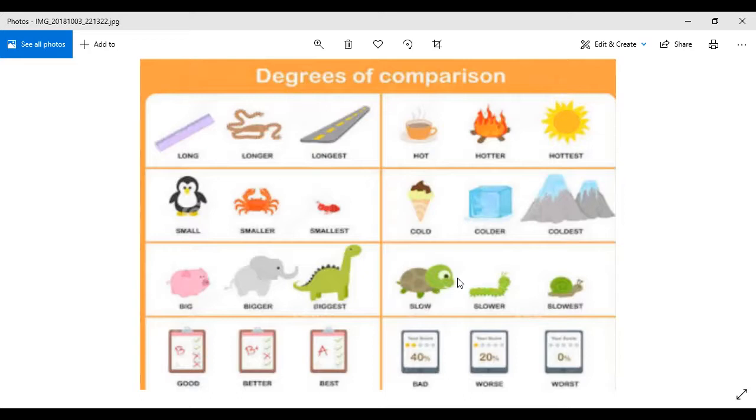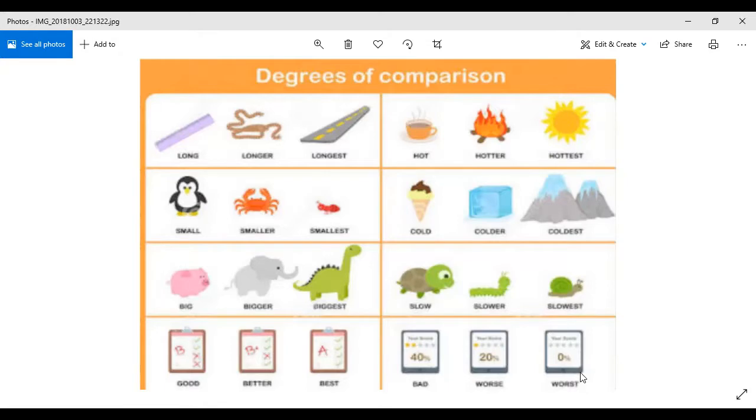The next we have big, then we have bigger, and finally biggest, right? And the last but not the least is slow, slower, and slowest.